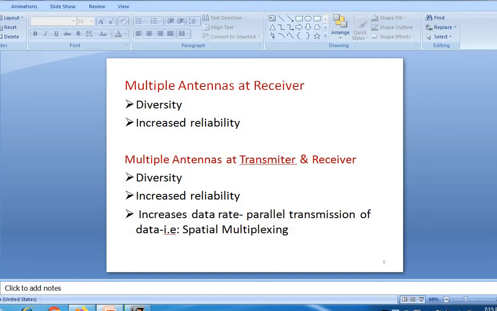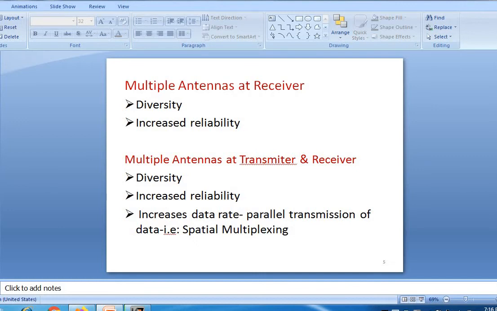Suppose at the receiver section I have multiple antennas. What is the advantage of this? It enhances the diversity and increases the reliability. As I said already, more than one copy of the signal is transmitted. So if any one of the signals is lost, the remaining signals will be there and can be received. So by this, reliability is improved.